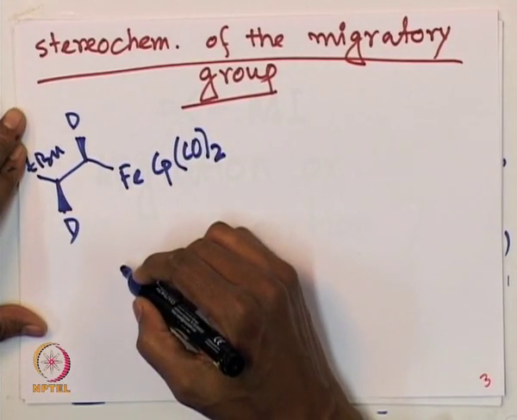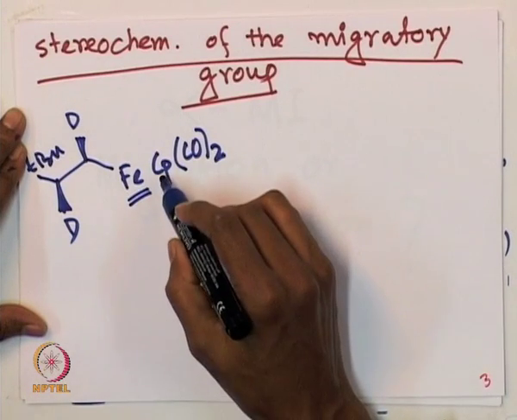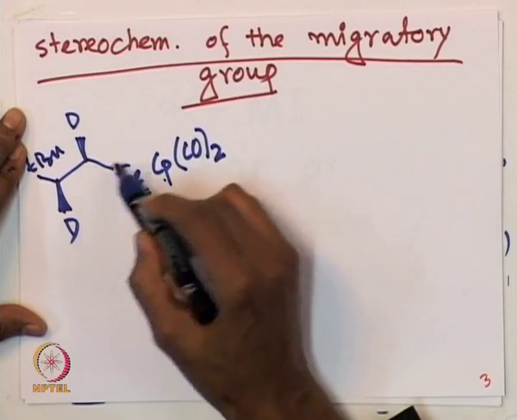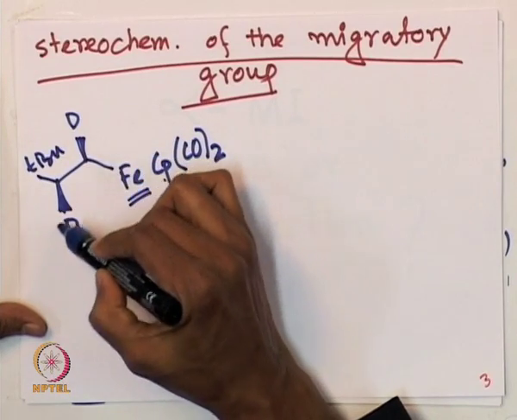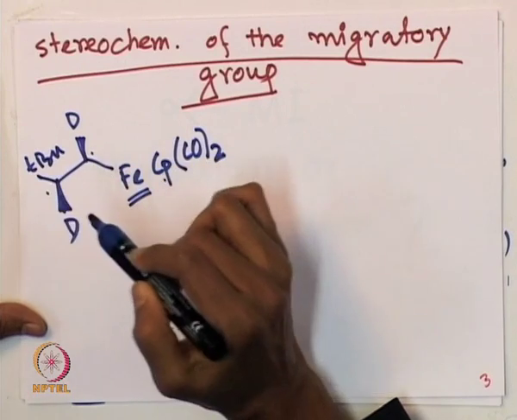This is an iron complex, as you can see. It is a cyclopentadienyl dicarbonyl species, and the alkyl R group has 2 stereo centers, as you can see here.